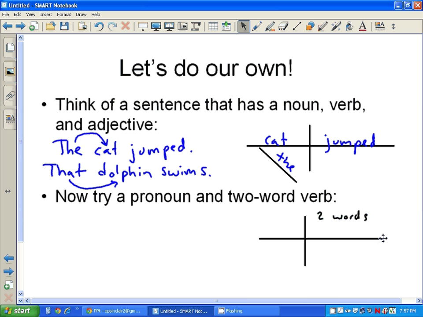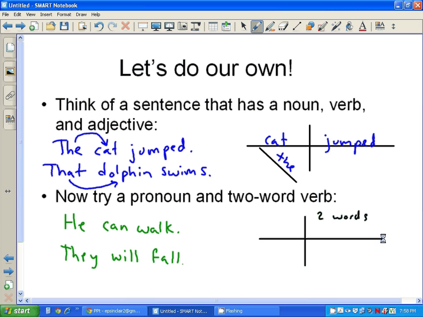Here's some examples. He can walk. They will fall. She should win.